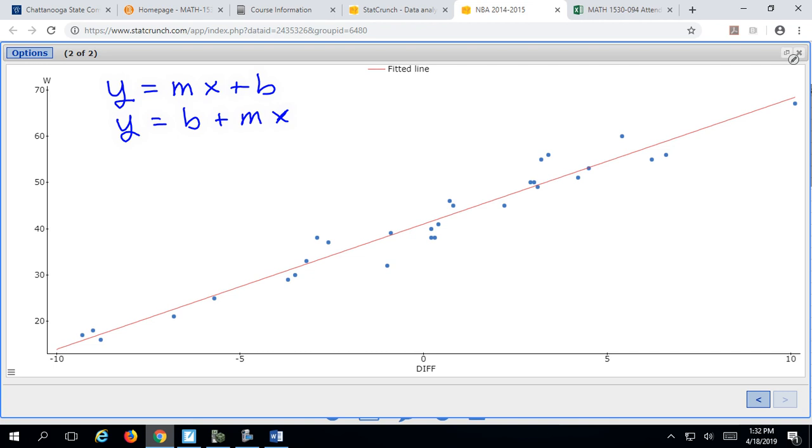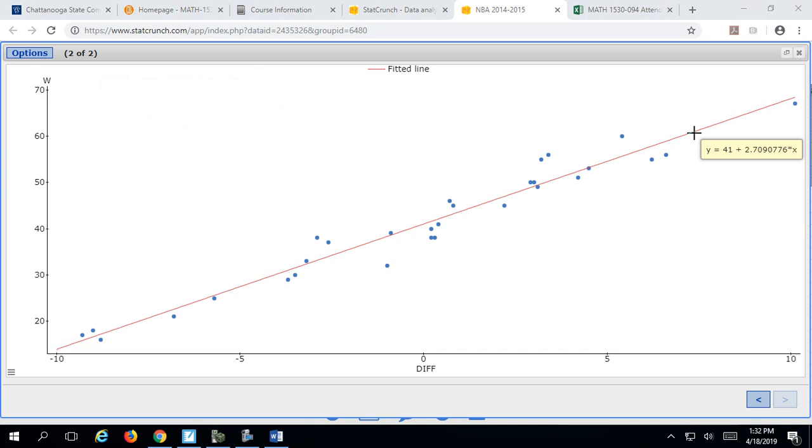So this equation is 41 plus, let's round this, 2.709 times x.